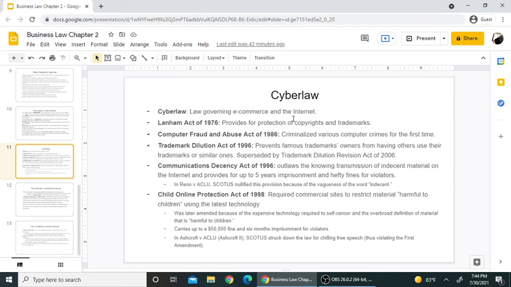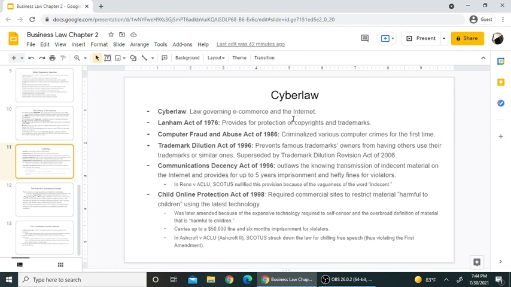The Child Online Protection Act of 1998 was also struck down for violating the First Amendment, and this time it was struck down in its entirety, unlike the CDA. Most sections of the CDA are still in effect, but the Child Online Protection Act is basically null and void, because it violates the First Amendment.